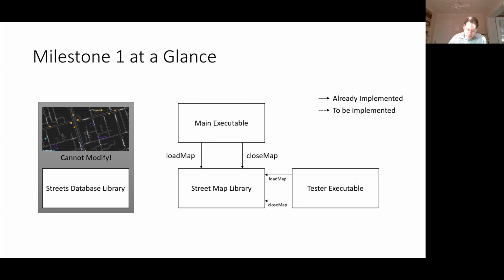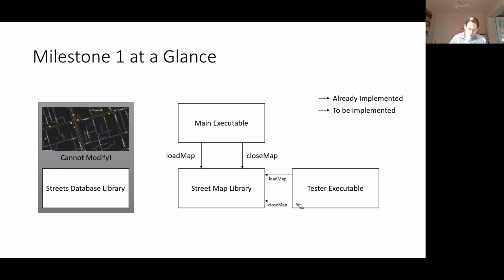But we also can connect to this library, and this library again is where most of your code is going, most of your functionality. We can connect to it from a tester executable, and that tester executable is ECE 297 exercise. You've already used that for Milestone 0. You're going to use it again for Milestone 1 and beyond.